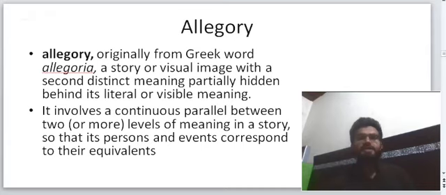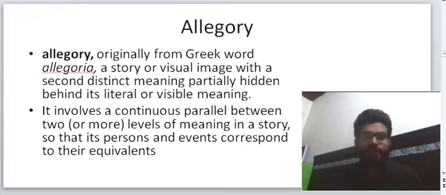Now, this allegory, let me repeat, the writer creates a story or visual image with a second distinct meaning, partially hidden behind its literal or visible meaning. So, there are two meanings at work.